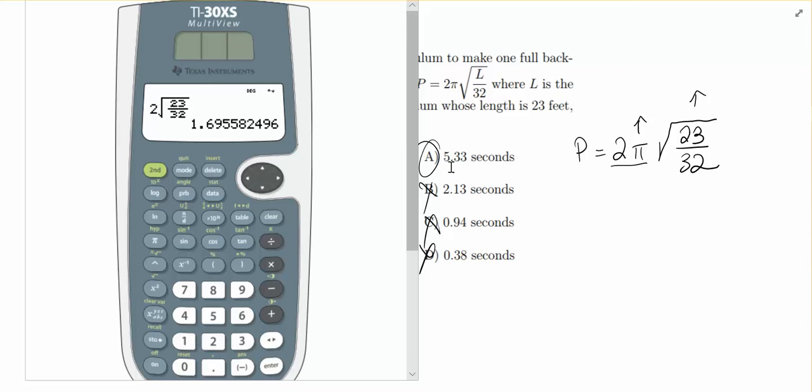Luckily in this particular problem, that's not one of the errors that appears there, but it could pop up. And so we know that's not the right answer. We should be doing 2 pi square root 23 over 32. And this will get us that answer of 5.33.